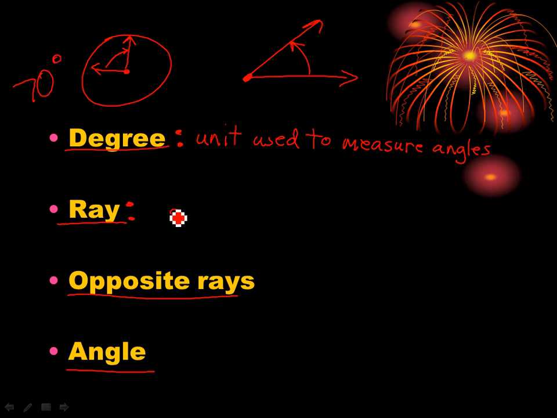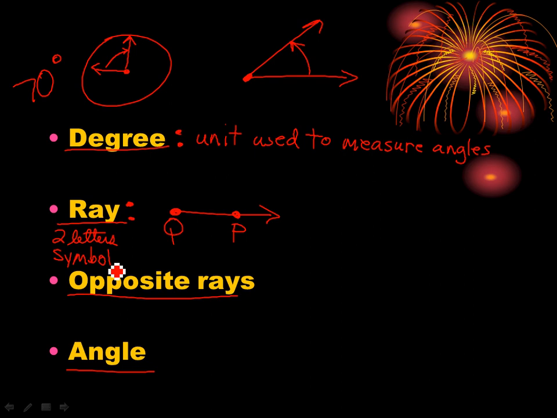Ray. A ray looks like this. When you name a ray, use two letters and use the ray symbol. Any of my geniuses in here got any guess as to what the ray symbol is? What's the symbol for a line?